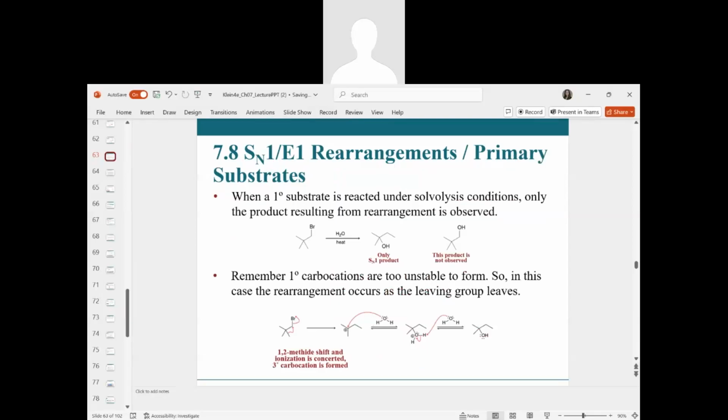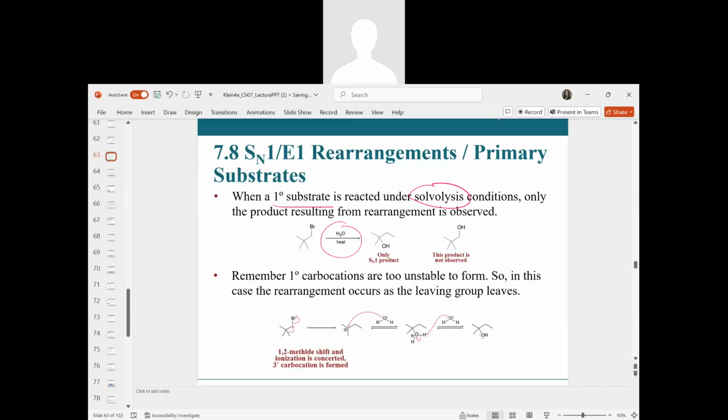Let's take a look at some substrates and discuss whether rearrangements would be possible or if they're common. When we have a primary substrate reacted under those solvolysis conditions mentioned previously, such as ethanol acting as a solvent or water, which also causes this reaction mechanism to be initiated, in this case we have water here.